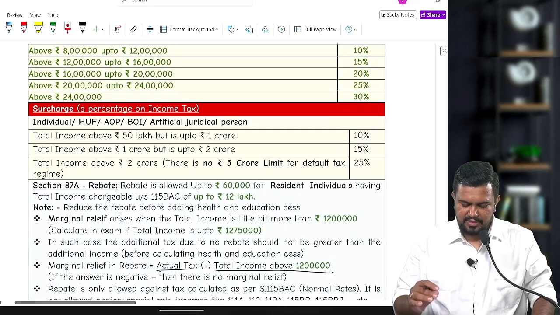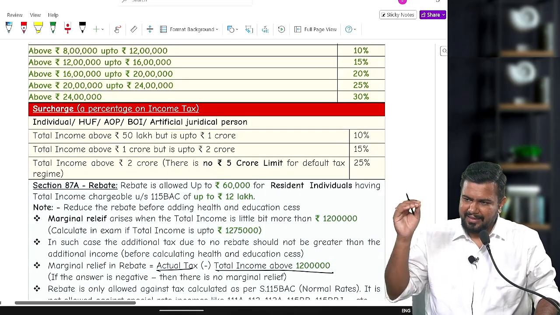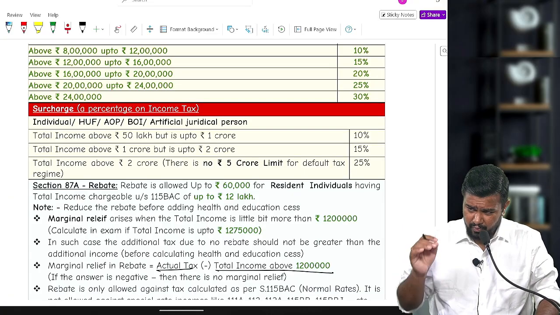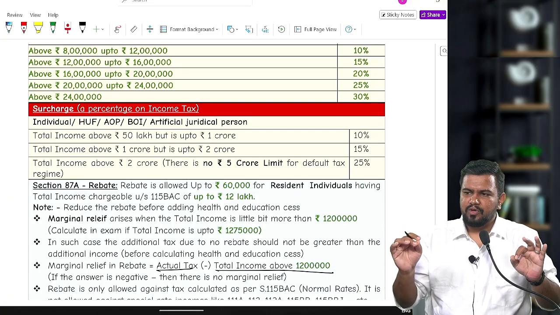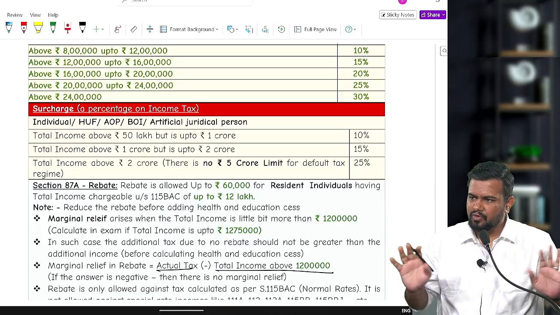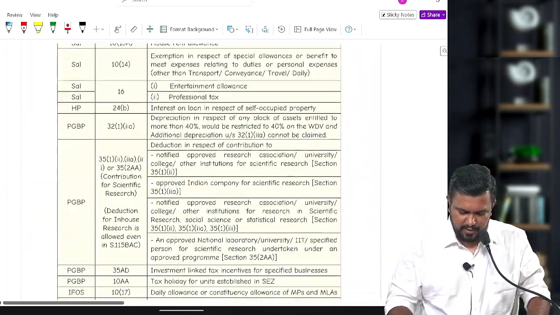Then surcharge: total income above 50 lakhs up to 1 crore 10 percent, above 1 crore up to 2 crores 15 percent, above 2 crores 25 percent. So no 5 crore slab for the new tax regime.